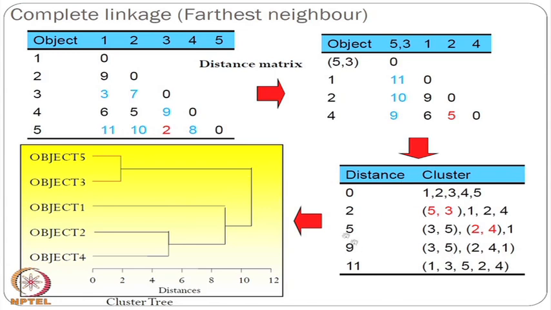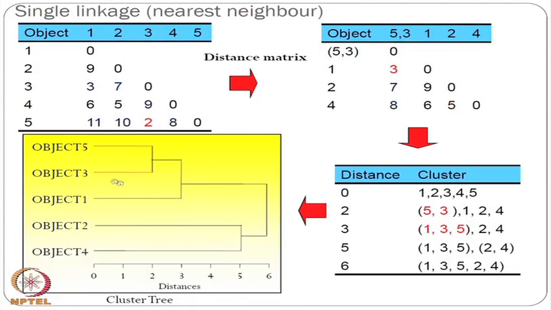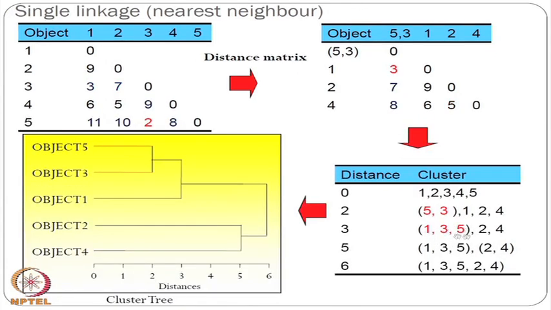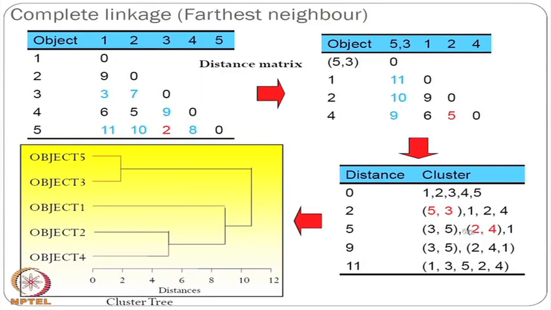Okay. So, but if I compare this with the earlier one, here also we found that 5 3 and 1 2 4 are the final groups, but the difference is that earlier 1 3 5 was grouped and then 2 4 remained as it was, but here 3 5 and 2 4 are grouped again, so that means there will be a change in the dendrogram in grouping.